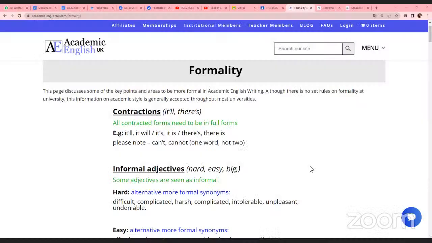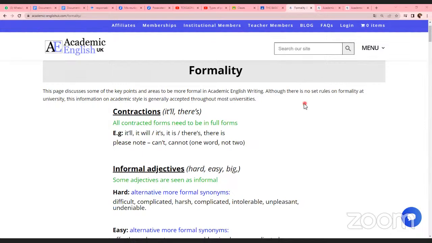Okay, so we're going to talk about the formality, I mean the vocabulary, because it comprises many parts. This is important to know because I've seen mistakes about this, and it's something that we have to know when we're going to write an essay.